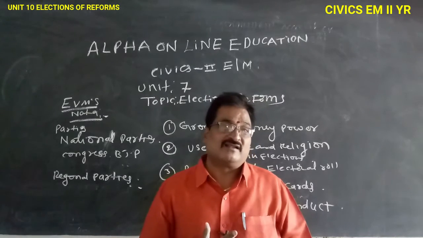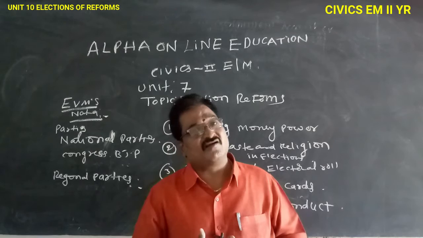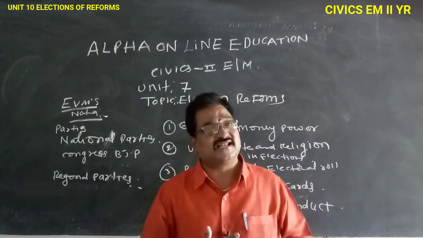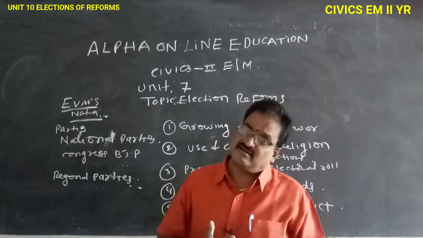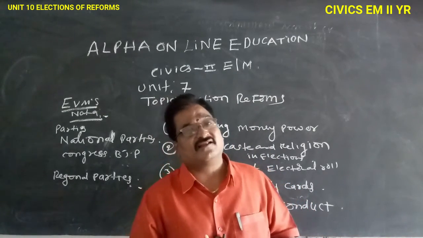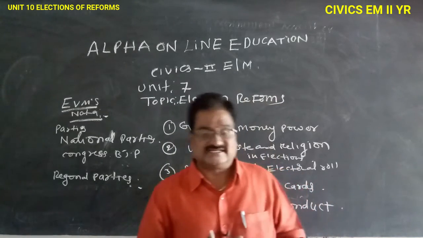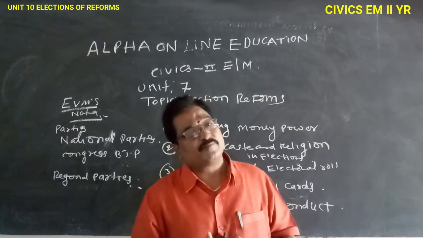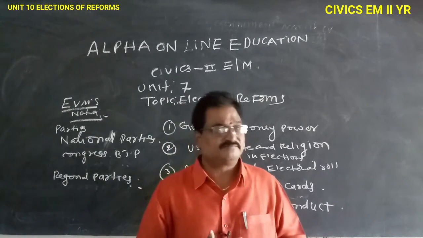In district level elections, the District Collector is the returning officer. So this is the structure of the Election Commission.